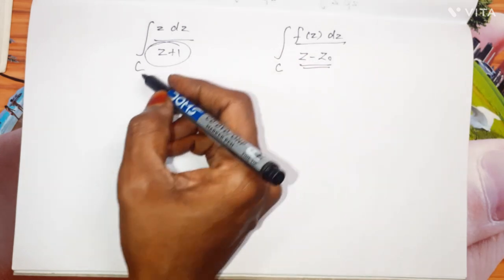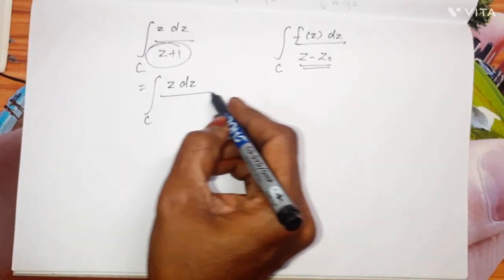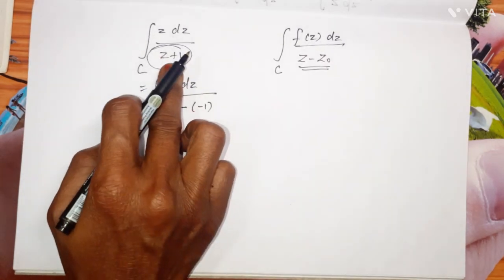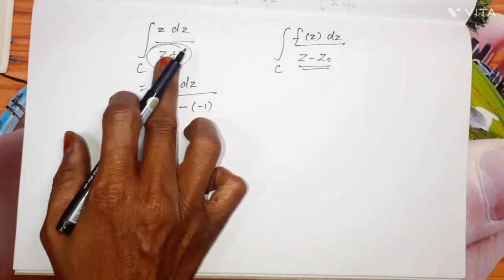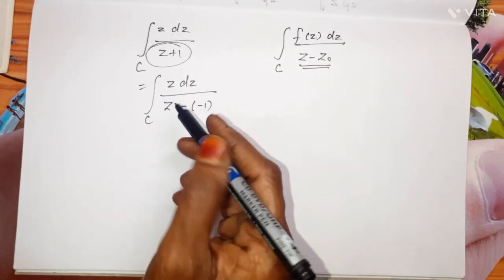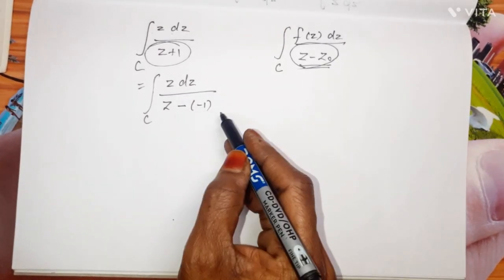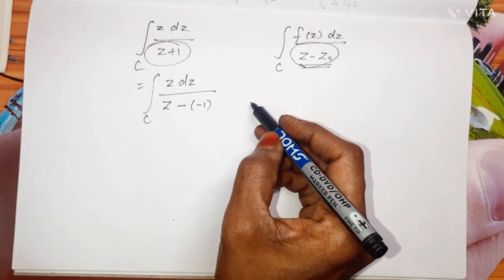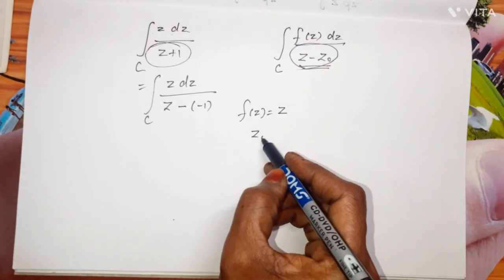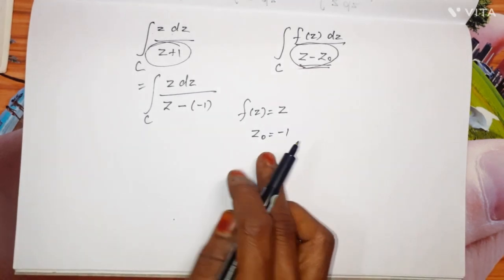Therefore, we can rewrite this term as integral over C z dz by z minus of minus 1, since minus of minus is plus. Since we have the general term as z minus z naught, we are rewriting that. Now f of z will remain the same, that is z. But z naught is different. Previously we had 1, here it is minus 1.